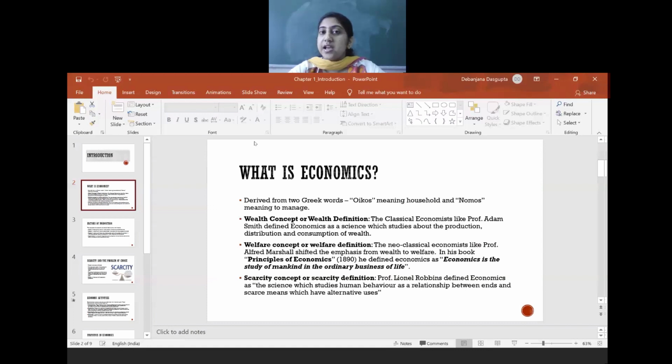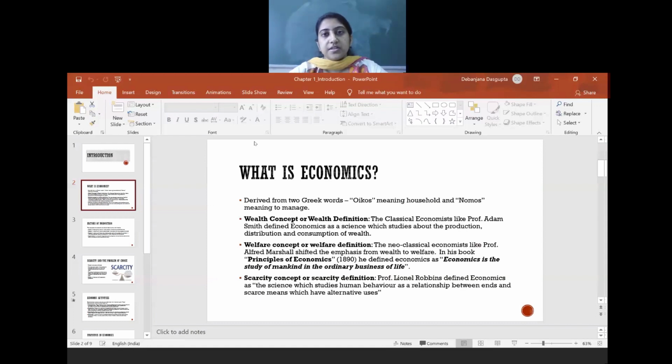According to the classical economists like Professor Adam Smith, who is also considered the father of economics, economics is a science which studies the production, distribution and consumption of wealth. So they say that whatever we study in economics leads to the wealth concept.